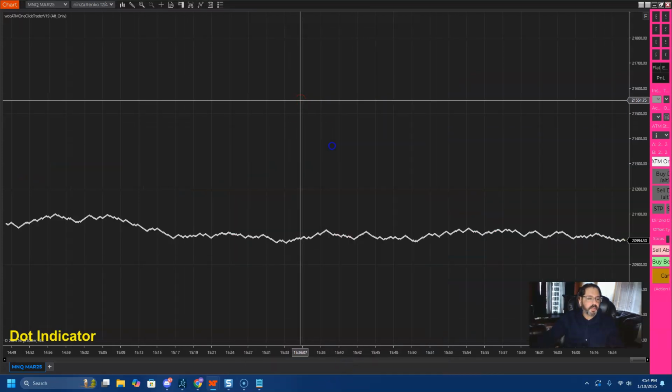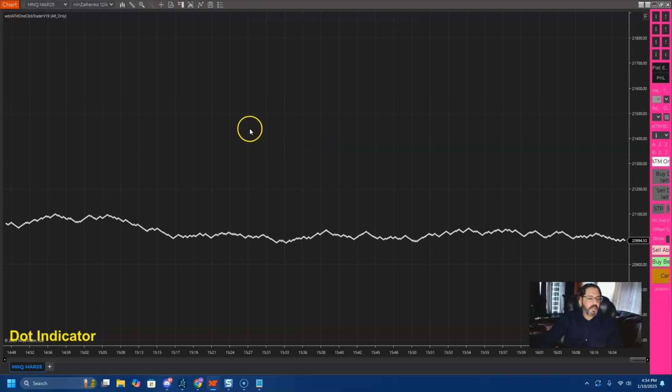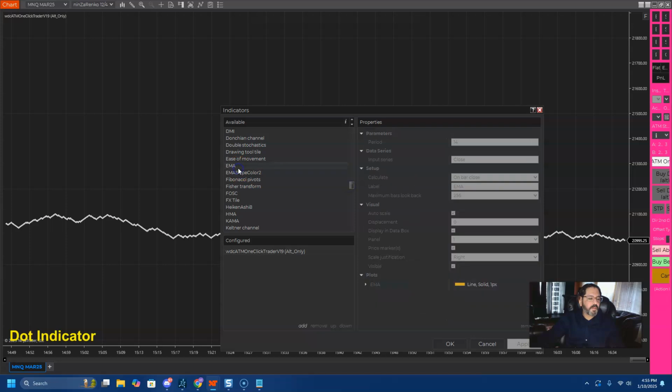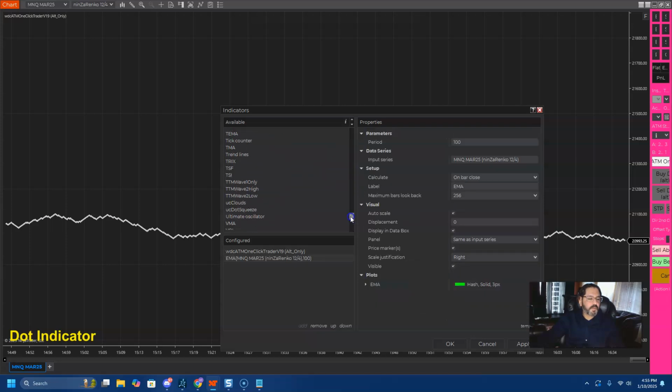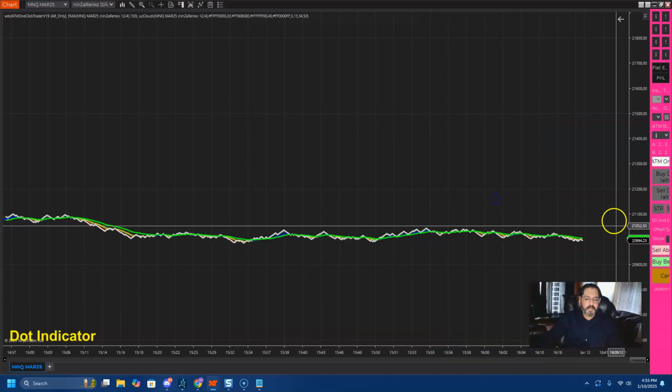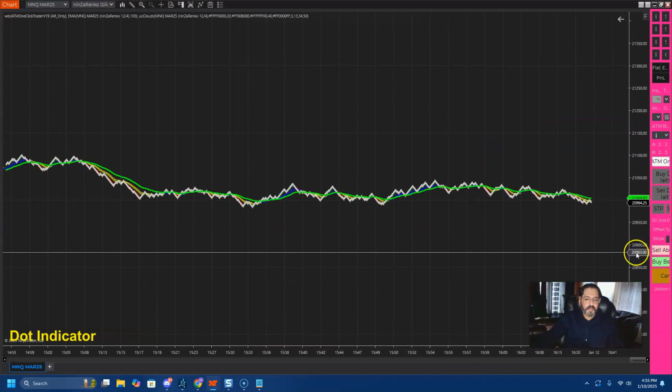Let's apply another couple of indicators. Let's try the 100 EMA. We'll use it as our stop, and then clouds, which is basically the 34 and 40 EMAs, so it makes a little cloud around the EMAs.